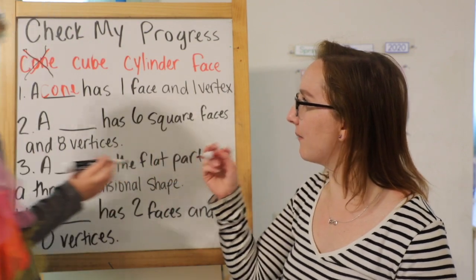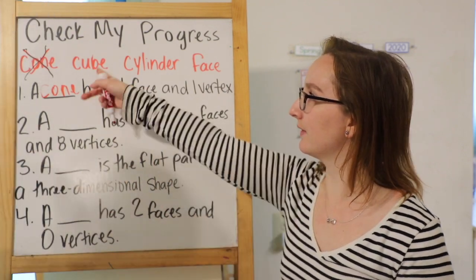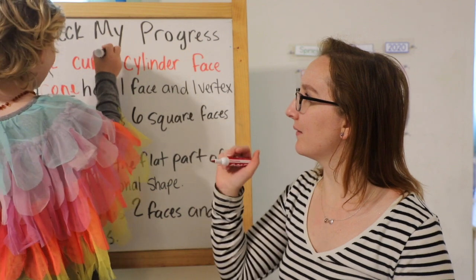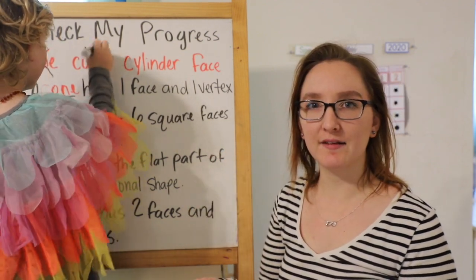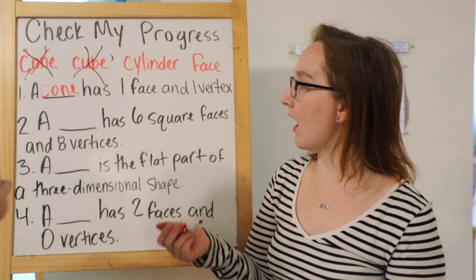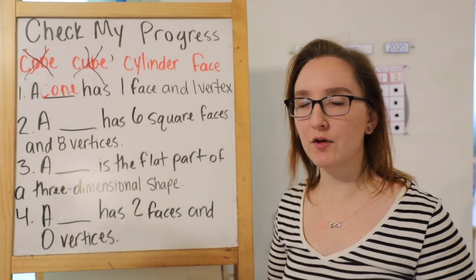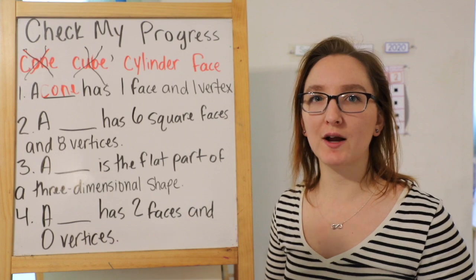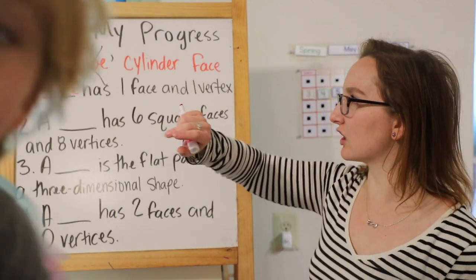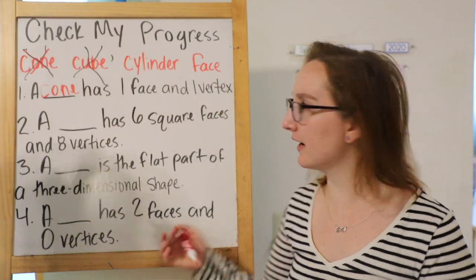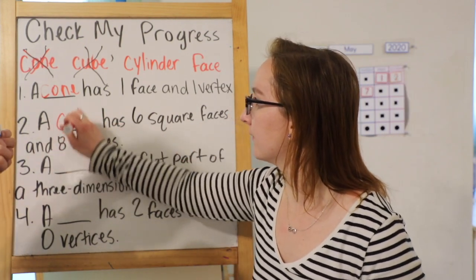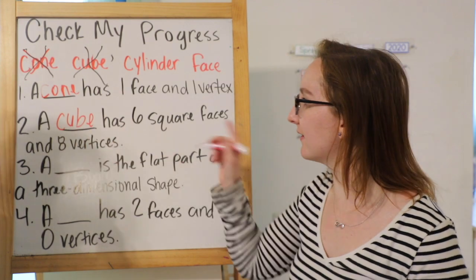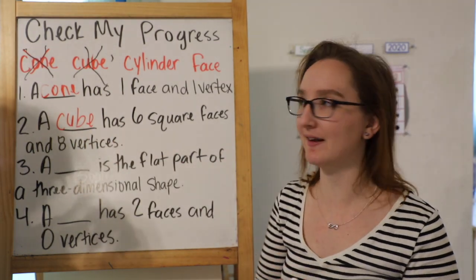My cube had 6 faces, and it has 8 vertices, and I know that my cube has all square faces. My cylinder had circle faces, right? So it can't be that. So I'm going to write cube in here. A cube has 6 square faces and 8 vertices.